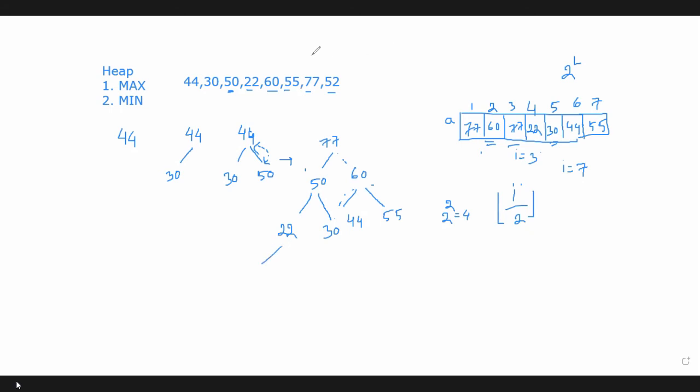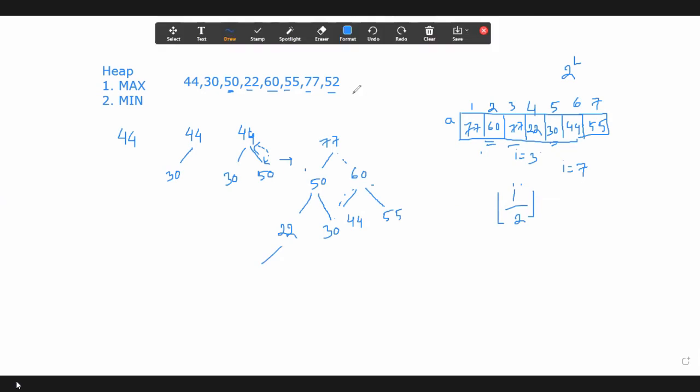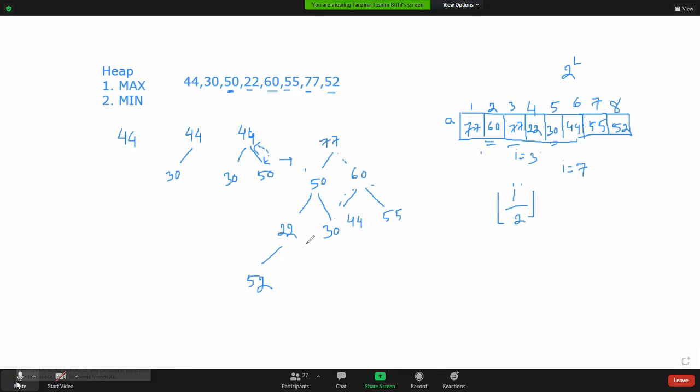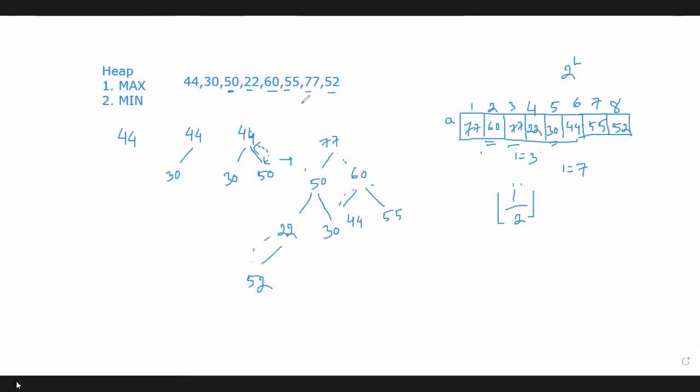Okay, so as the right child of 22, which node will be added? 52. And here we can add the node 52. So is it a maxheap? No, because 22 is less than 52. So now we'll change this node.